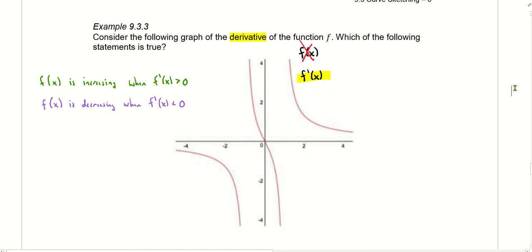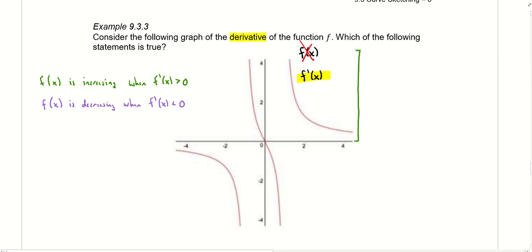So this graph is a graph of the first derivative. And really what we want to get from this graph is to see where the thing that's plotted is greater than 0 and where it's less than 0. Since this is a graph of the first derivative, we're just going to see where this graph is above the x-axis, where it's positive, and where it's negative.